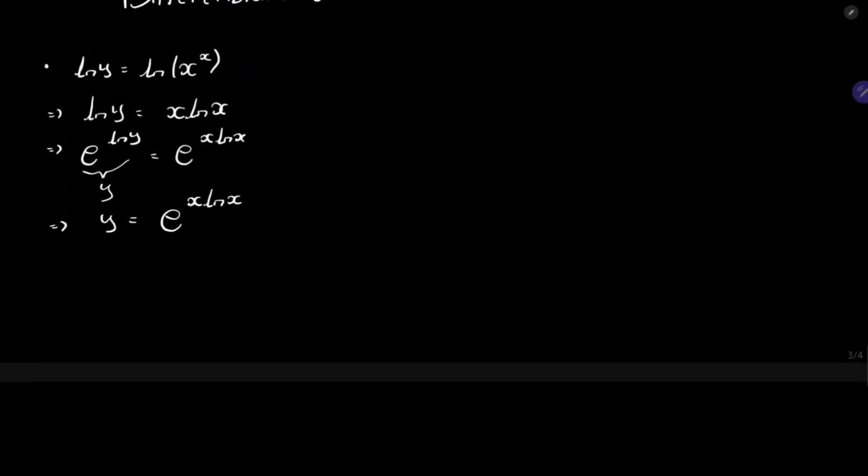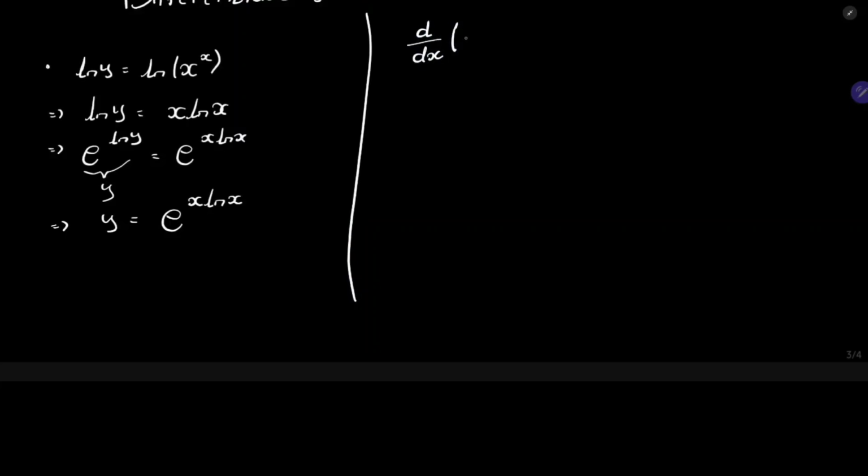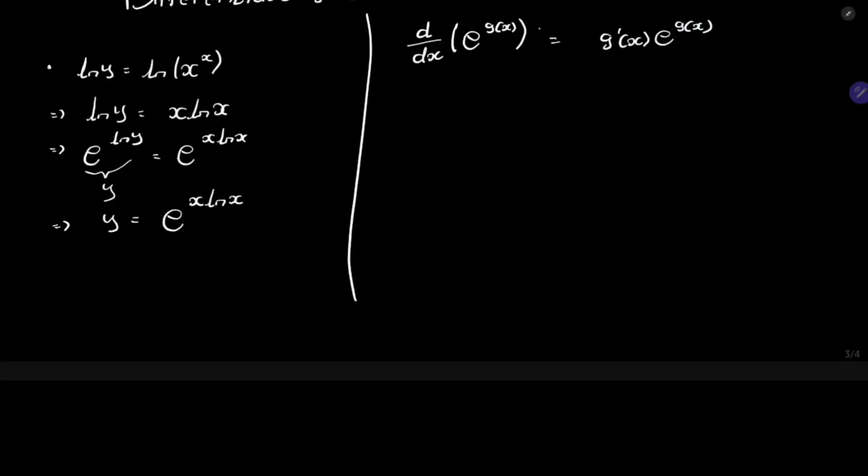Now, if we recall, the derivative with respect to x of a function e to the g of x is simply equal to g prime of x times e to the g of x, if we can recall very well.